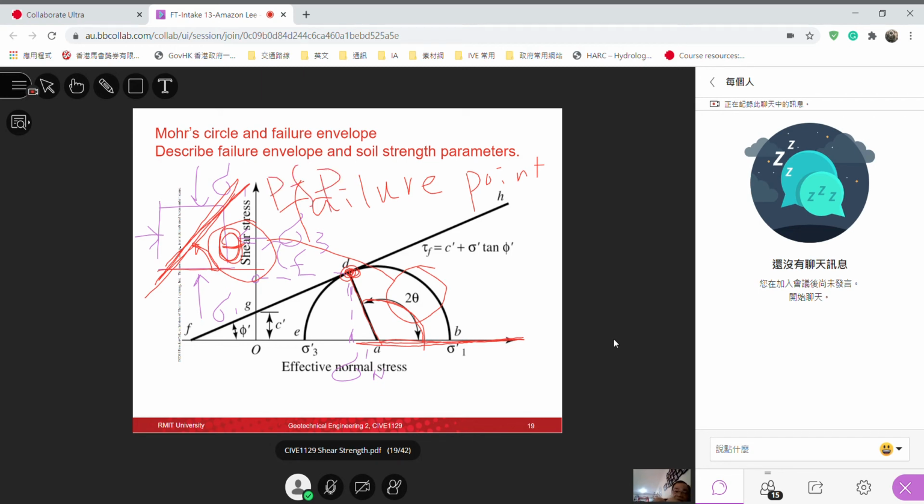Okay. And then the effective normal stress at failure is here. The shear stress at failure is here. Okay. The shear stress at failure is always parallel to the potential failure plane. This one. Okay. While the normal stress at failure, the name normal, that means they are normal to the failure plane.